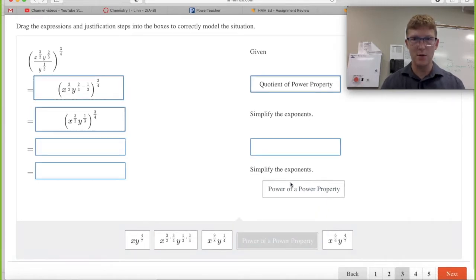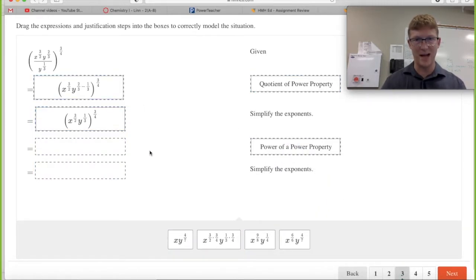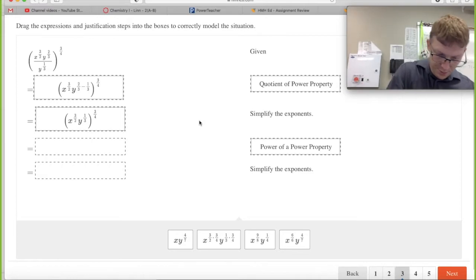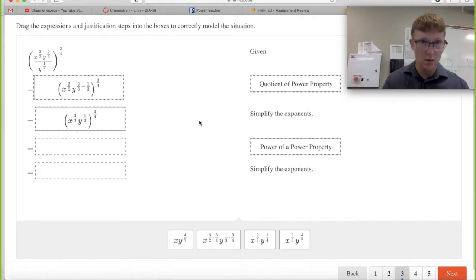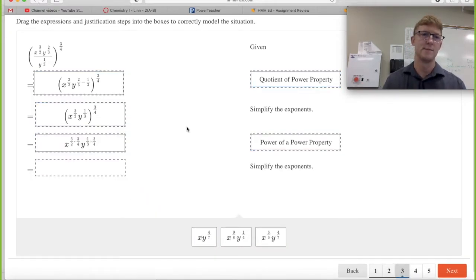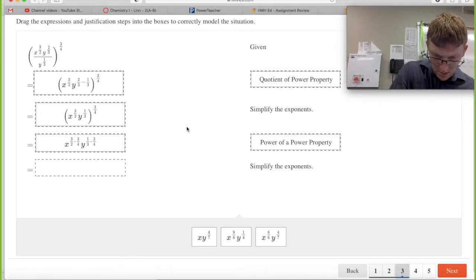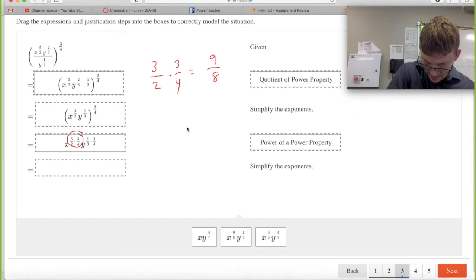Now we're going to take the power of a power property. Power of a power. Sounds kind of cool. You're going to be multiplying this 3/4 to each one of these. I'm just going to go ahead and do the fractional math here. 3 over 2 times 3 over 4, that's this part right here. 9 over 8, can't simplify that.